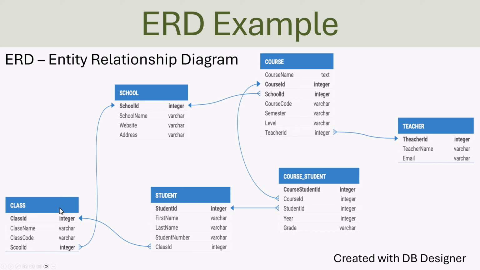But here is a basic ERD of a student or university system, where we have an entity for school, an entity for course, entities for students, class, teacher, and also an entity where we can enter specific grades in specific courses for specific students, etc. Later we will create a similar entity relationship diagram using this DB Designer tool.